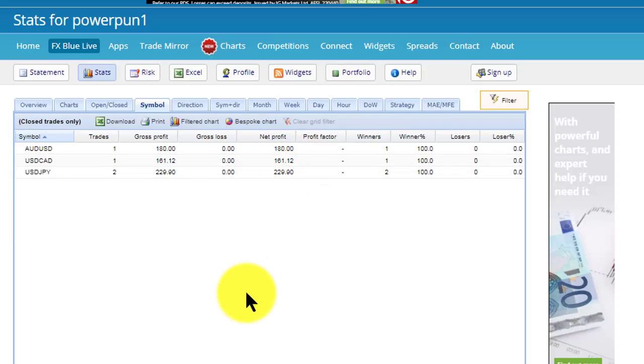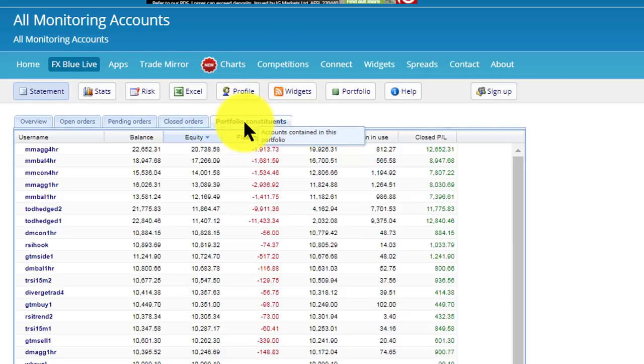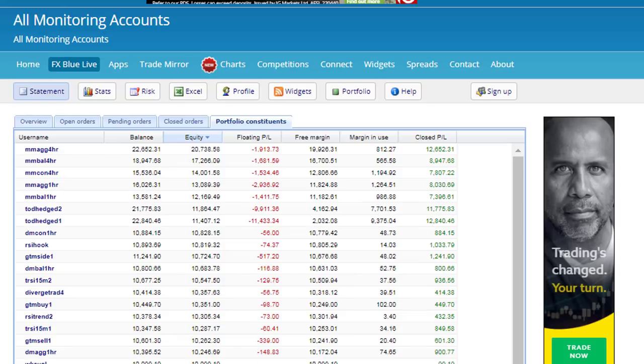So this is part of the portfolio approach, is you can actually see which currencies are performing well, which time frames. Now the time frame isn't stated in the name here, but when you go to the website, you can see the time frame that was used in this particular trade.